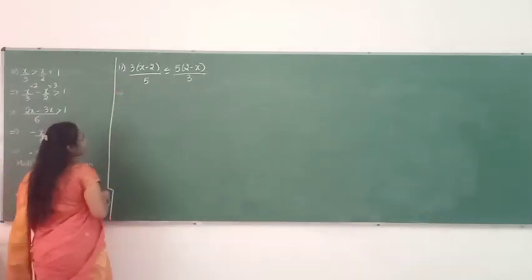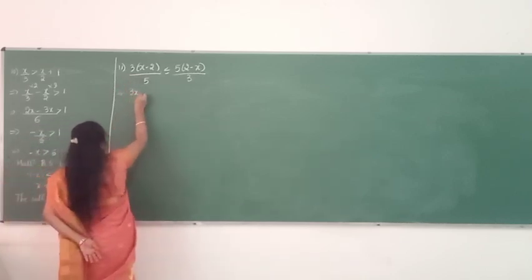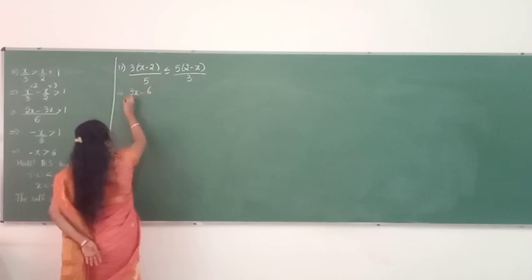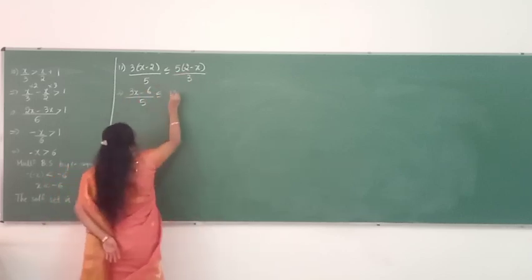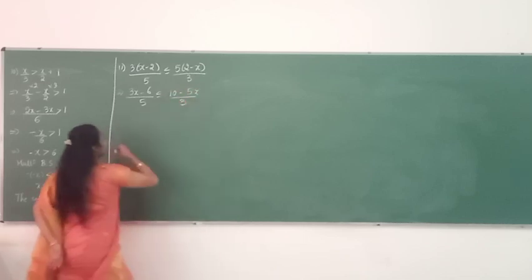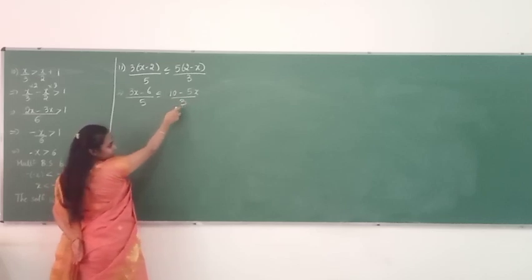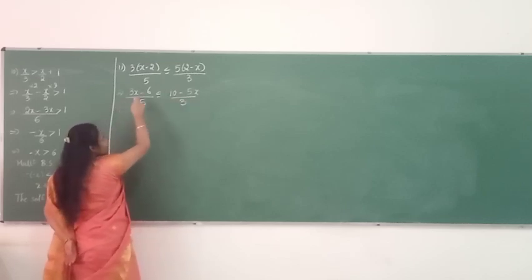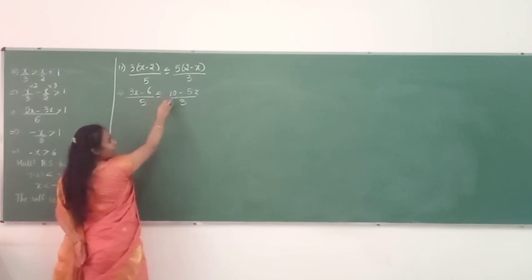It is the same method. Multiply 3 inside on the LHS, so it will be 3x minus 3 2s are 6, whole divided by 5, is less than or equal to 5 2s are 10 minus 5x, whole divided by 3. Just send whichever is in the denominator: the 3 in the denominator on the RHS, send it to the LHS, and the 5 in the denominator on the LHS, send it to the RHS.